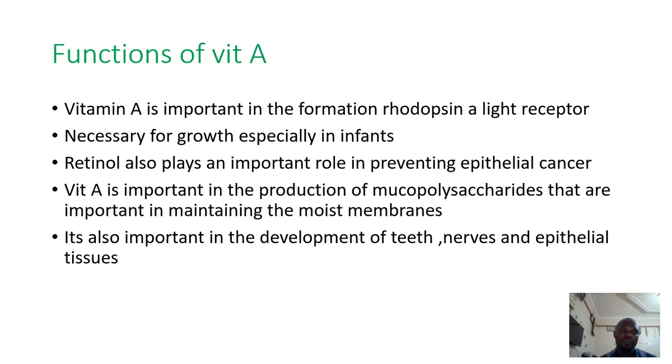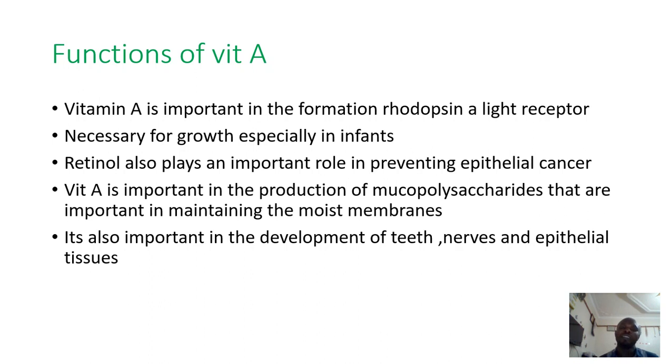And maybe when you look at the next point, vitamin A is important in the production of mucopolysaccharides that are important in maintaining the moist membranes. When we talk about mucopolysaccharides, these are body fluids which lubricate the moist membranes. And examples that can be given, we have saliva, we have the tears that enable the cornea to keep moving within the orbit.